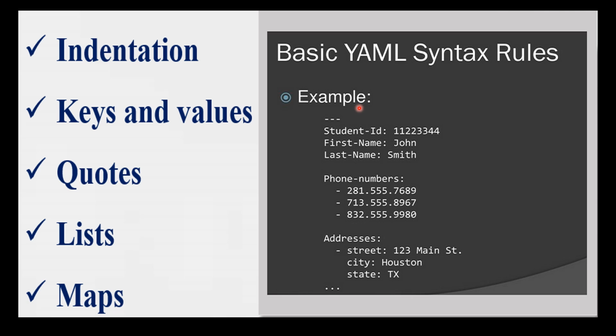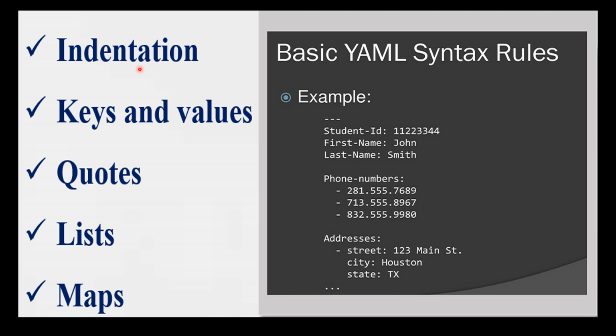Then comes the introduction to YAML syntax. YAML follows a simple syntax that is similar to programming languages like Python, but it has some key elements. First, indentation. YAML uses indentation to represent nested data structures, and indentation is significant, meaning that the level of indentation determines the hierarchy of the data. Then it has keys and values.